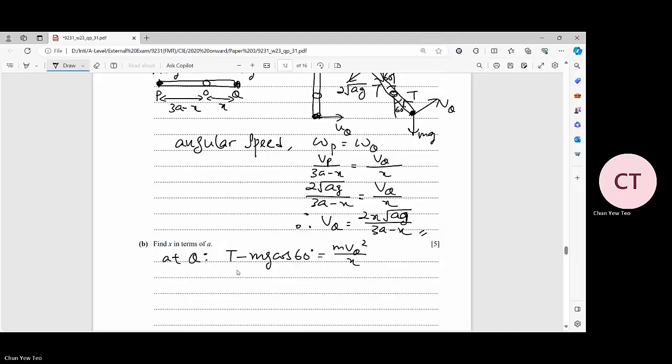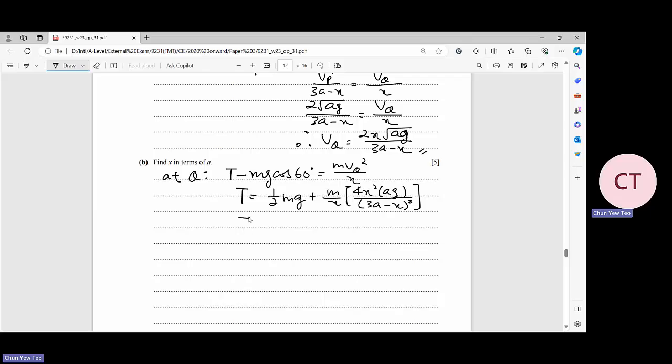So you get T is equal to half mg plus m over x times VQ squared. VQ squared is 4x squared ag divided by (3a minus x) squared. Simplifying further, you get half mg plus 4magx over (3a minus x) squared. So we have a first equation like this.